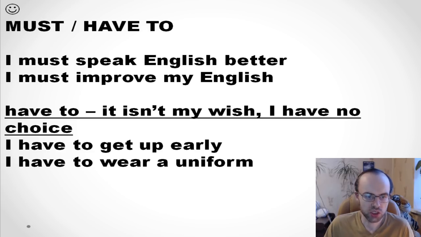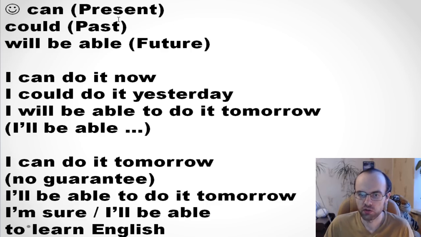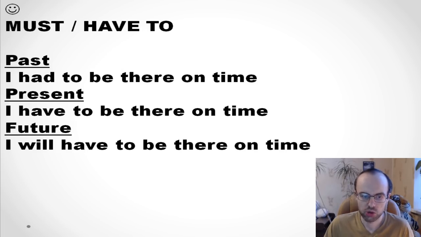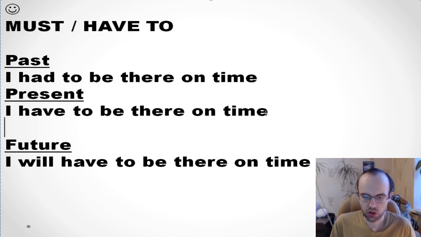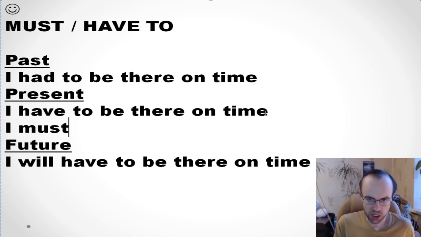Okay, so you see that we talked about can for present, past and future. Let's do the same with must for past, present and future. I think it's a good idea. So if we look at the present time, have to or must, you can say I have to be there on time, or I must be there on time.